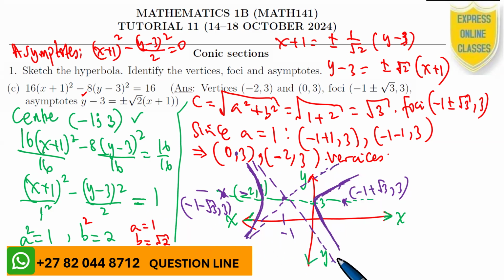So that then in the end, what you're going to have is y minus 3, one is the negative slope. So y minus 3 would be this one, negative slope.